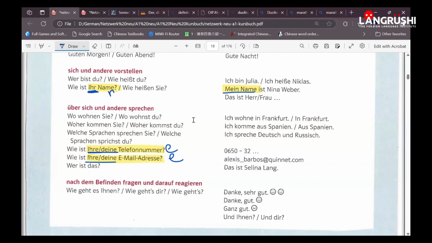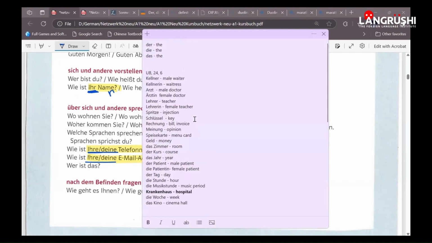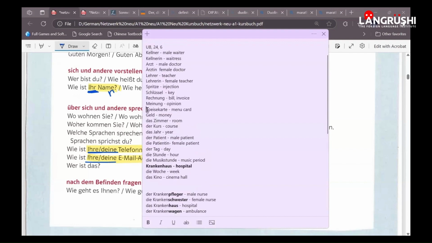Okay. Just let me write a few things here. Die Speisekarte, die Meinung, die Rechnung, der Schlüssel, die Spitze, die Lehrerin, der Lehrer, der Arzt.